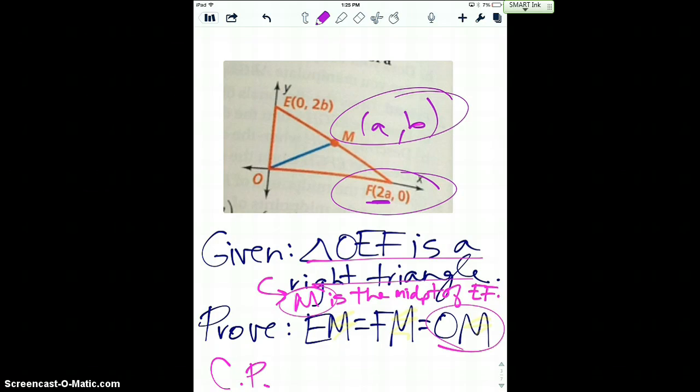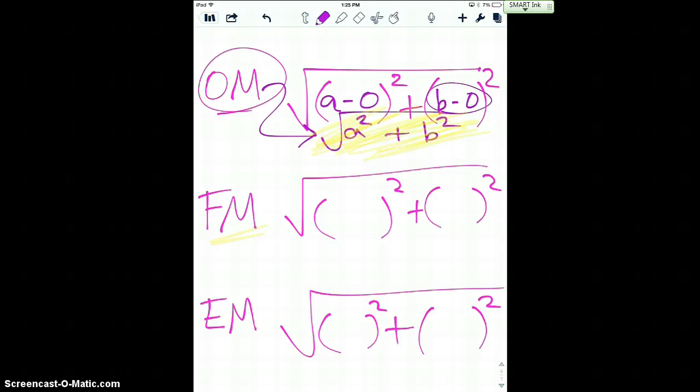So I'm going to subtract my x values, 2a and a, 2a minus a. And since I started out with 2a, I have to start out with the other coordinate of the F coordinate, which was 0, and subtract off that y coordinate of the M, which was b.